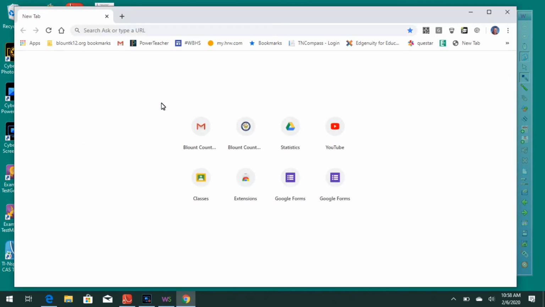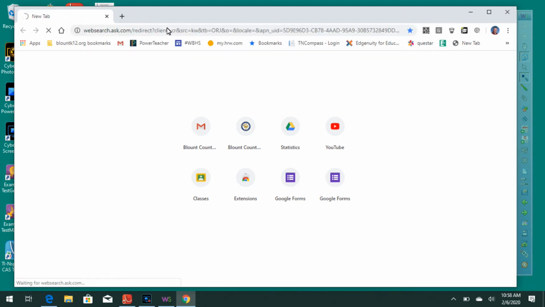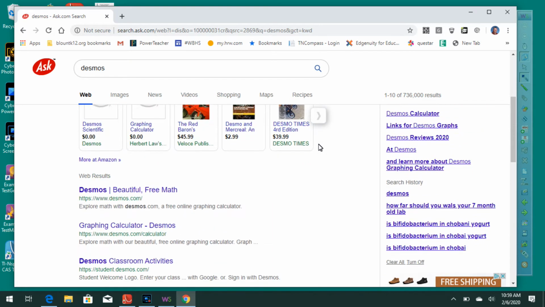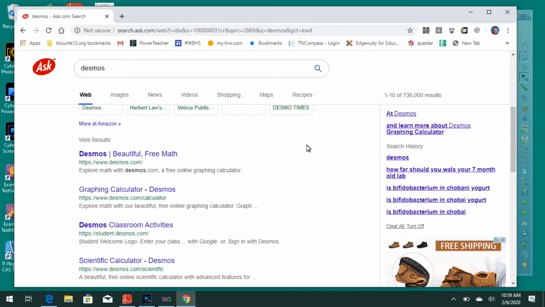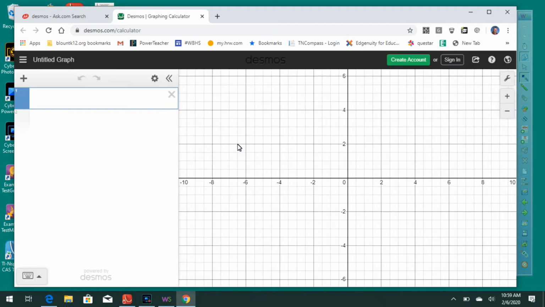We'll go here. Type in Desmos. Let it search. Graphing calculator. And then you can type in your equation.